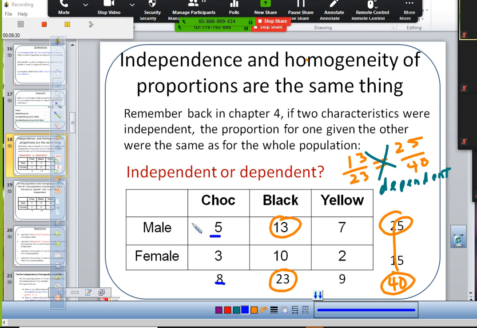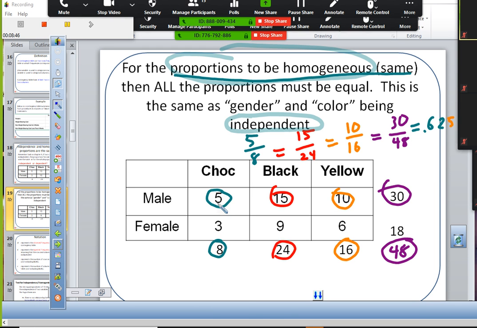So chocolate and male are independent, but black and male aren't. But now we're going to look at the whole thing to see if all of them are independent from the gender. So if we take 5 over 8, that should be equal to 15 over 24, which should be equal to 10 over 16, which should be equal to the total, 30 over 48.